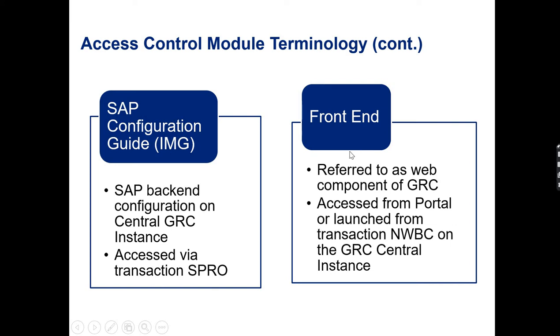That we call front end configuration, which we do with the help of the NWBC transaction code. So remember, we have to learn only two transactions, SPRO and NWBC. These two transactions are required to configure the GRC system.